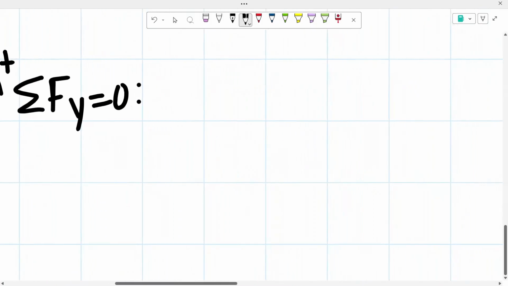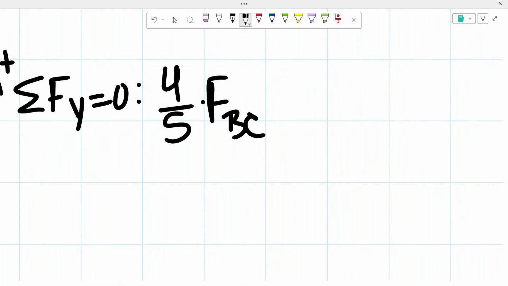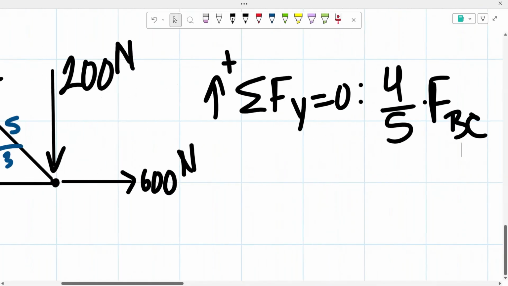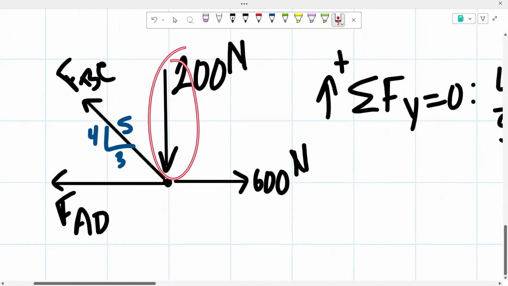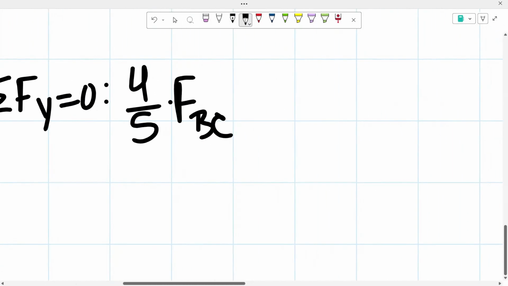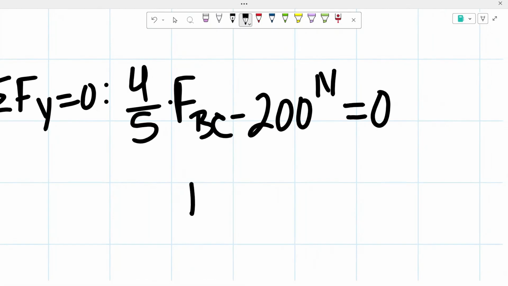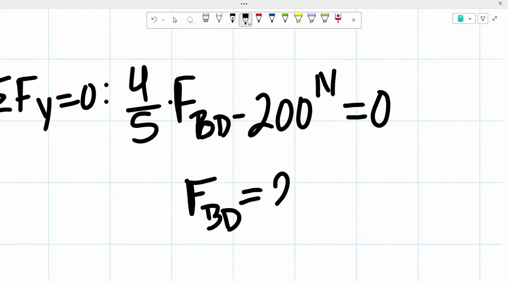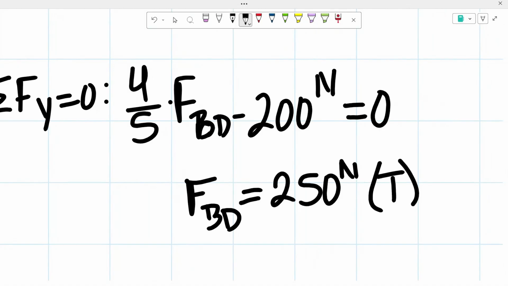So 4/5 times force BD, and then our other vertical force is the 200 newtons going downwards, so minus 200 newtons has to equal 0. We end up getting that force BD is equal to 250 newtons. We end up getting a positive number, which means that it is in tension.